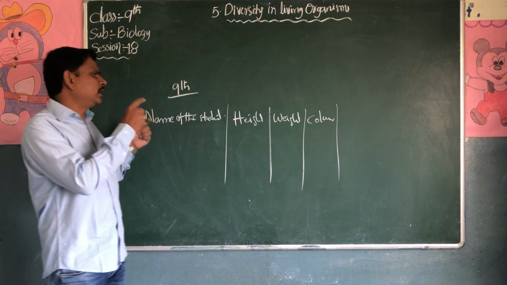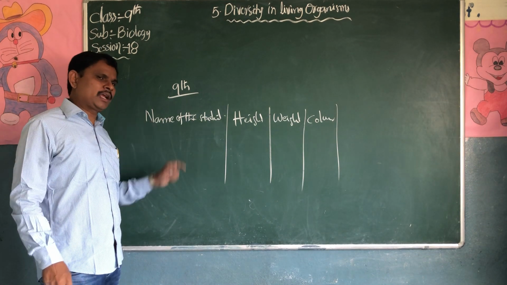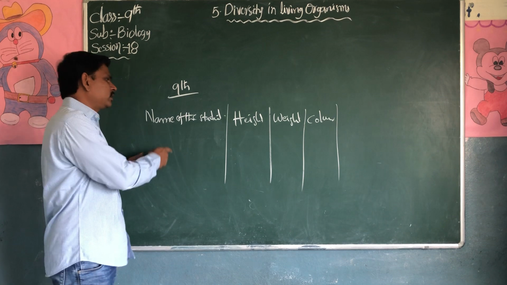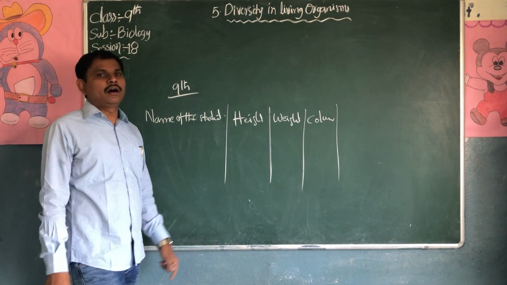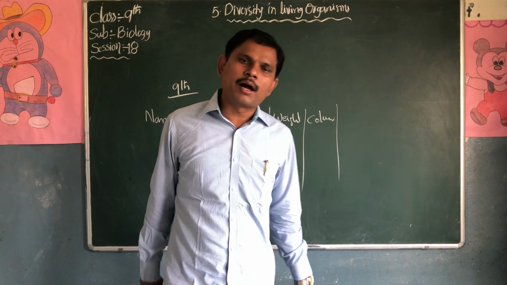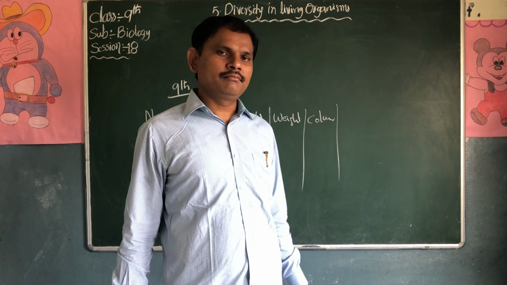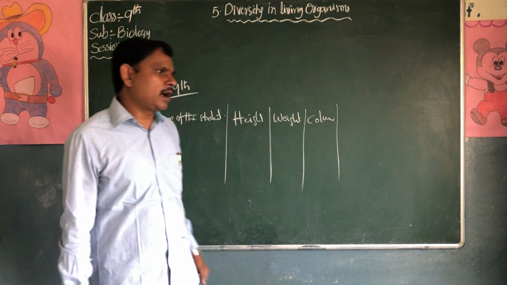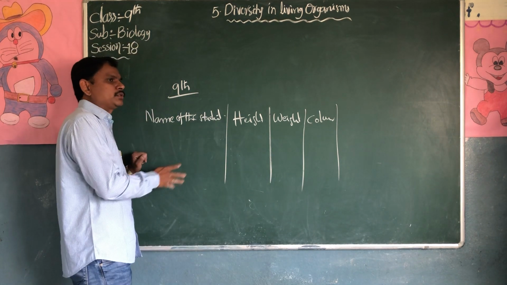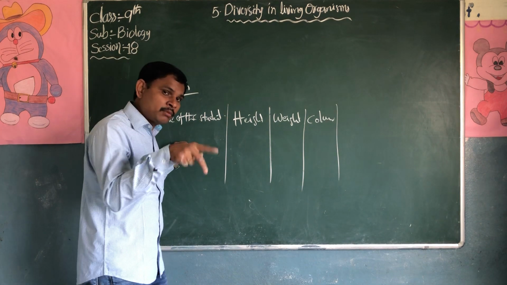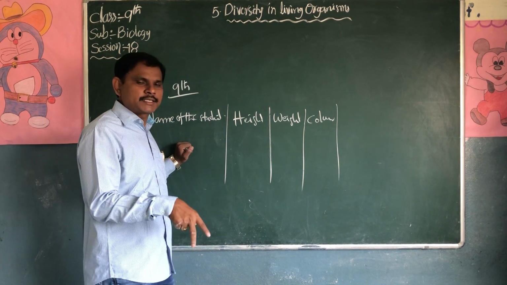If you write the names of the students in one class, 9th class, we can see different heights. All students are not the same height. Some students are the same height, but some are not. We can see so many variations in the same class, in the same species.